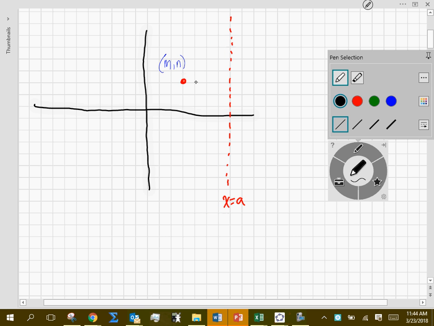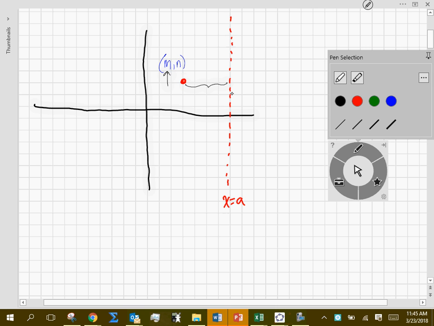Give myself a little bit of room. What would you do to figure out that distance right there? Say again? A minus, right, it's a minus whatever that x value is. So if that is legitimately 3, 2, then yeah, it'd be a minus 3. Let's just call it m.